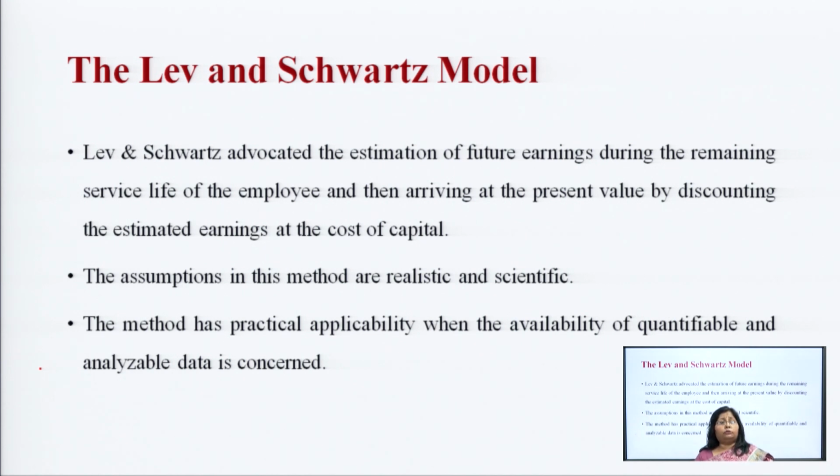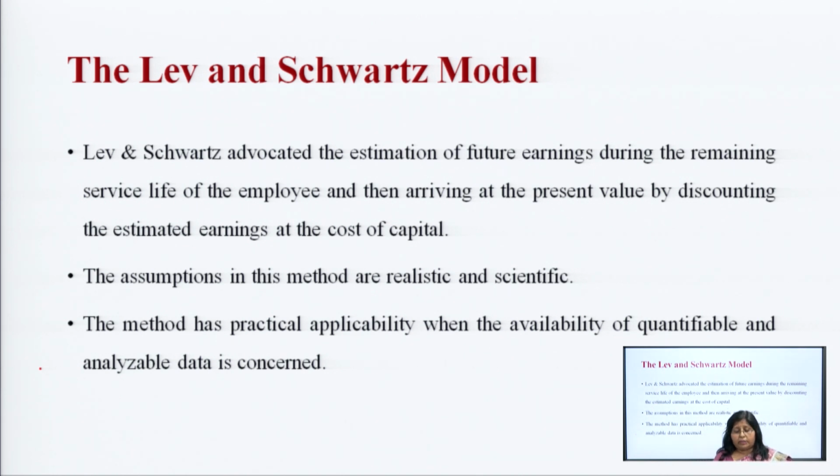For example, today say a person joins as an HR executive in the company, and say his age is 25 years. Now, given that the retirement age is supposedly taken as 60 years, that means he is going to spend around 35 years of work life in the company.